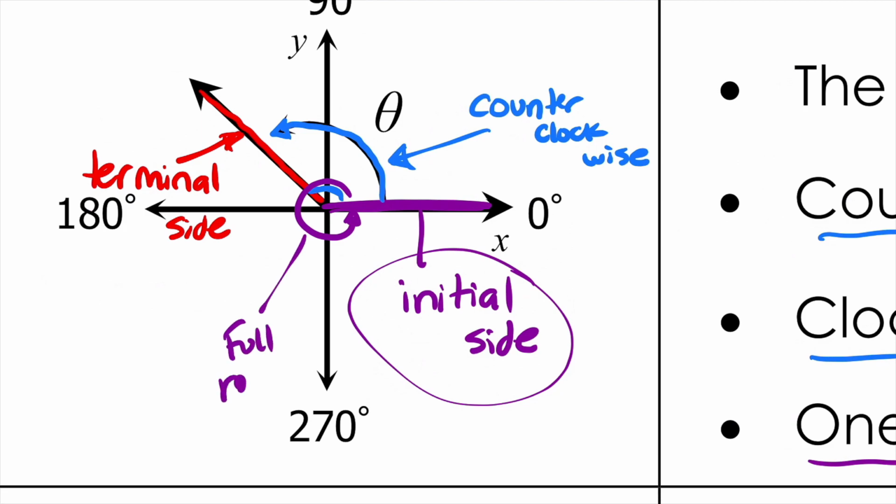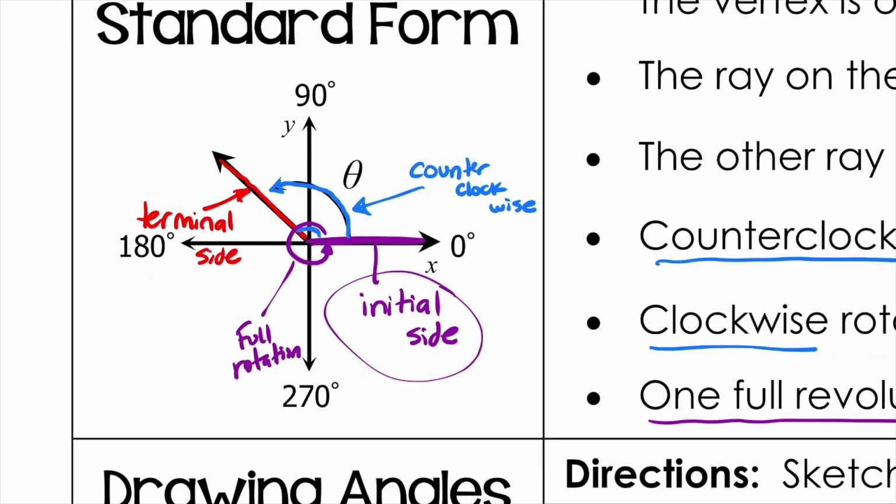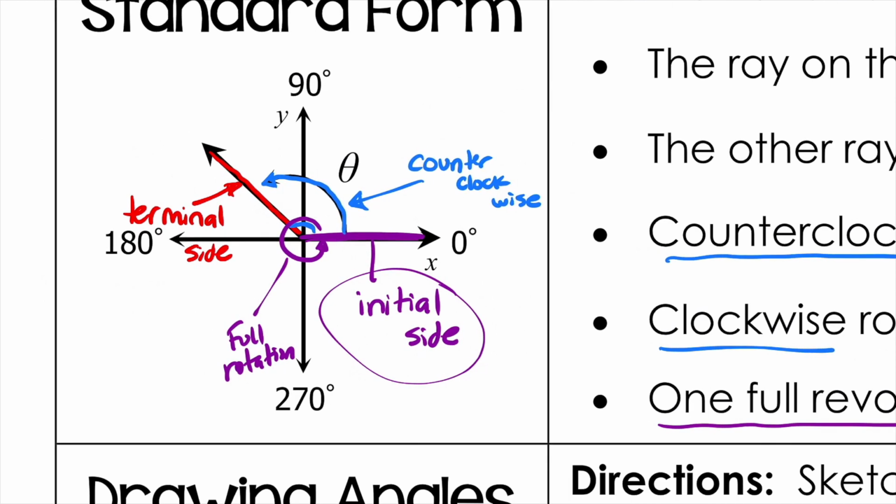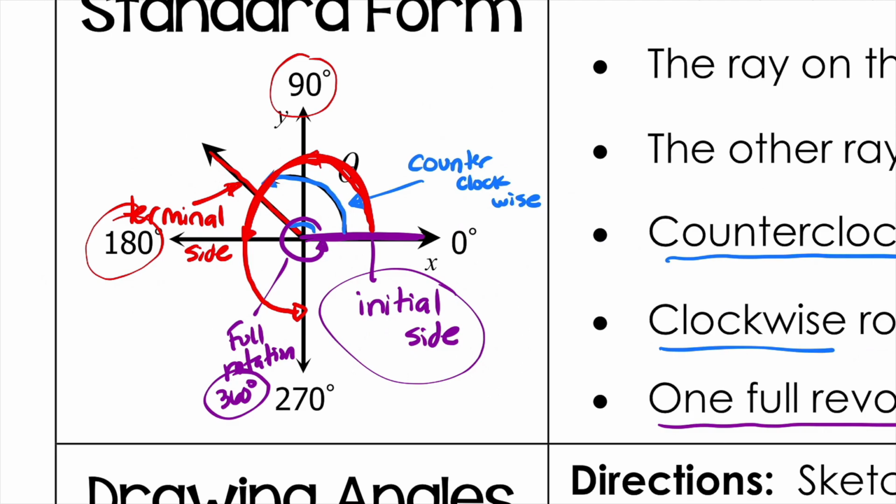A 360. If you look here, we can divide the quadrants into angles. If the entire thing is 360, that means if I go 1/4 of the way from here to here, that's 90 degrees. If I go halfway, that's 180 degrees. If I go 3/4 all the way and I stop here, that's 270 degrees.